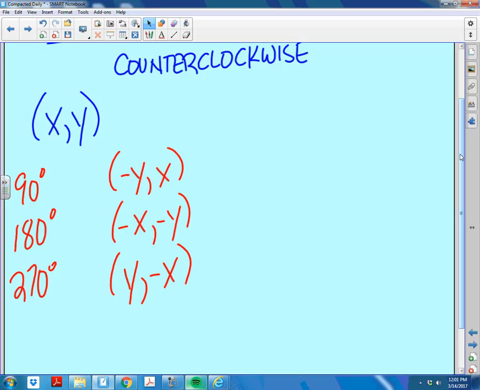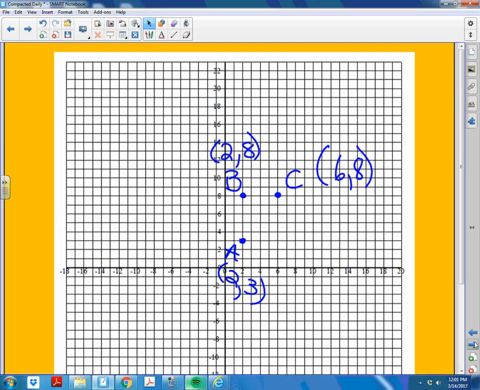Now, here's what I would like for you to do. It's going to take a little bit of explaining. I want you to take the blank white piece of paper that you have. You don't need very much room, but you're going to put it on top of your coordinate grid, and you have to do two things.